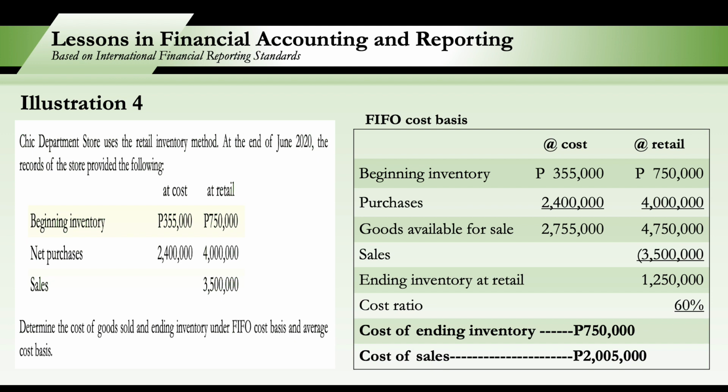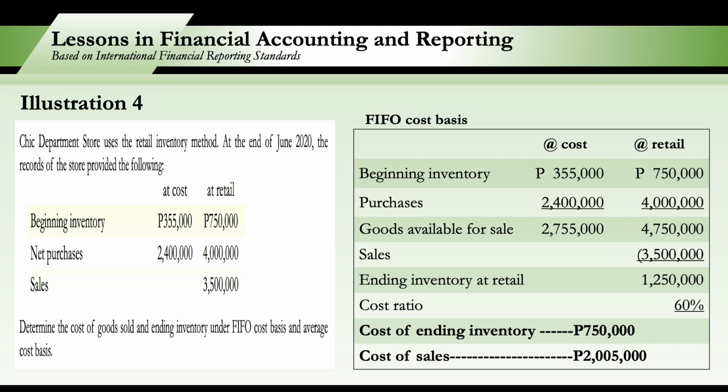So again, cost of ending inventory is determined by multiplying the cost to retail ratio with the ending inventory at retail.